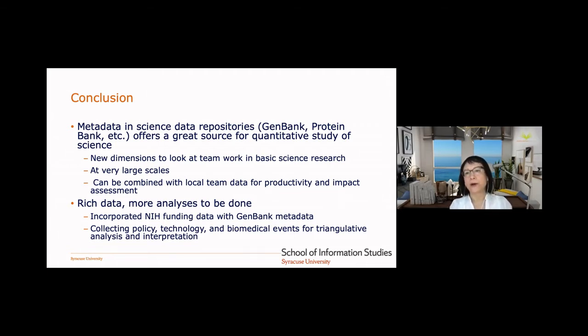So far, we have imported NIH funding data with GenBank metadata, and we have produced a new set. Of course, not all authors will appear in NIH's funding data, but we matched the time coverage, and we have all the research funding data extracted and matched with our GenBank data, and analysis is to be done at this point.